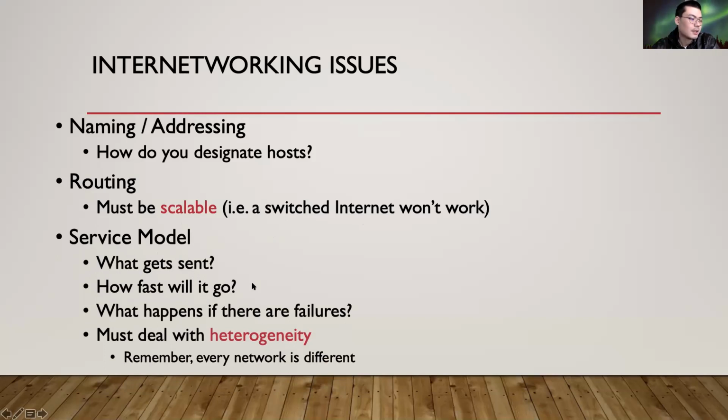Maybe some route in the middle suddenly disconnects, then how do you handle that? And you also need to deal with heterogeneity, because different networks are totally different, and even the hardware is different.